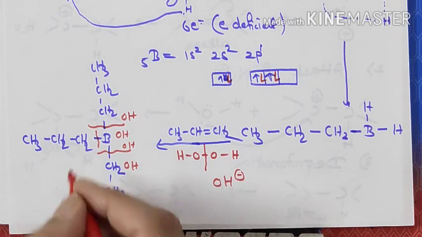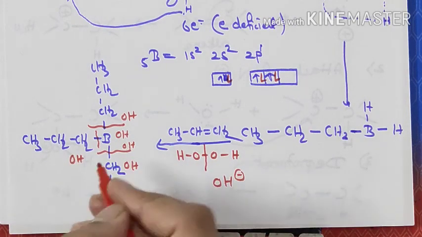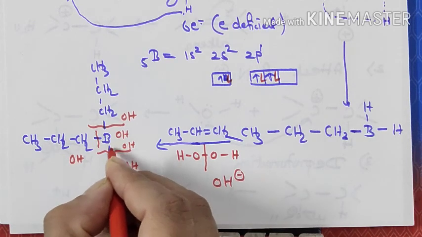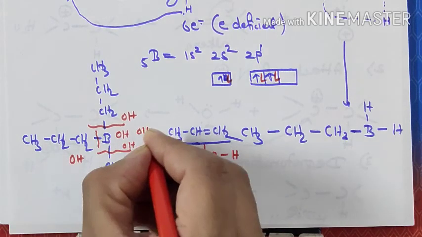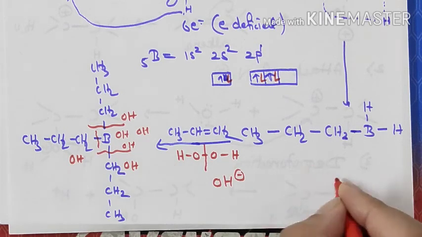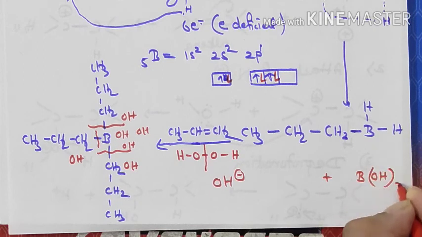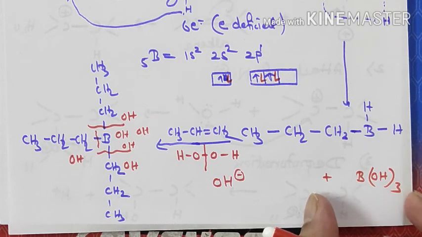Similarly, I break from here, 1 OH to this carbon and 1 OH to the boron. So boron has 3 OH. So what will the product be? Product will be B(OH)3. Can you understand this? Right.